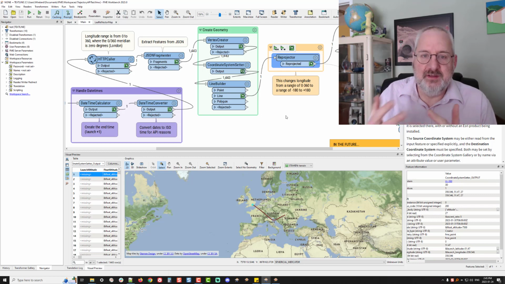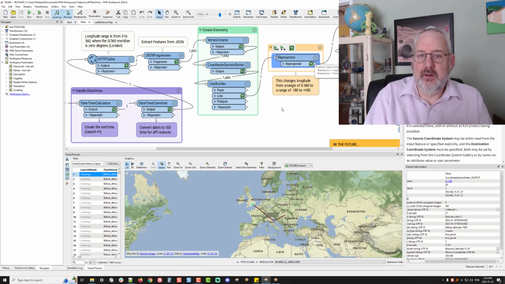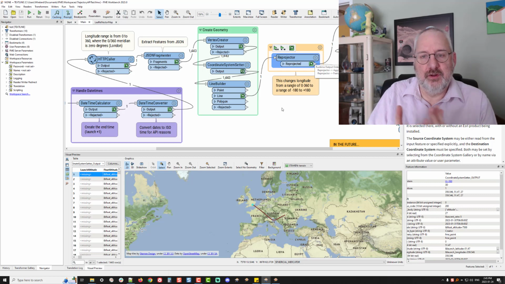In that case, we need to tag it. In this case, it was with the LL360 coordinate system. It helped me get the data into the right position. It helps me reproject it, because if I didn't set it, I couldn't use the reprojector either. So that's what that transformer's for.